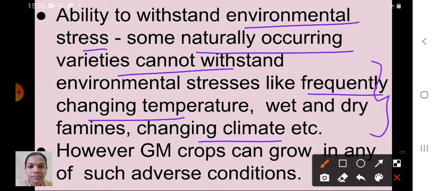Environmental stress. The natural crop cannot withstand these environmental stresses, but GM crops have the ability to withstand them. However, genetically modified crops can grow in any such adverse conditions.